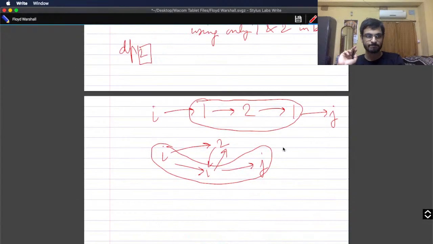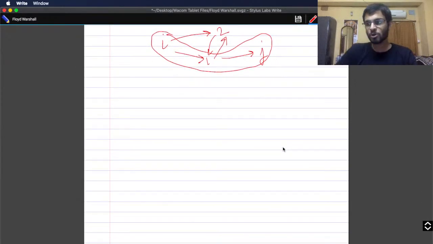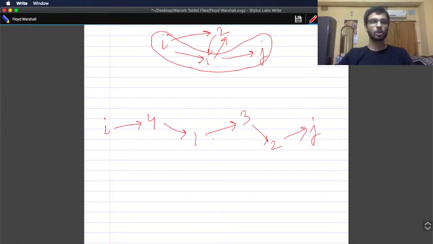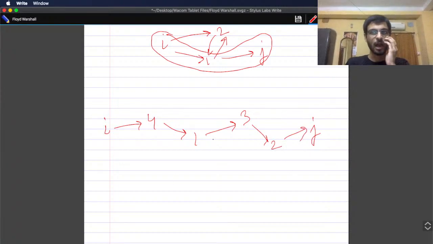Now suppose I want to show that for I to j, the shortest path is something like this. You have I to 4, 4 to 1, 1 to 3, 3 to 2, 2 to j. Suppose this is the shortest path, and I want to know how my dp recurrence is going to give me this path.